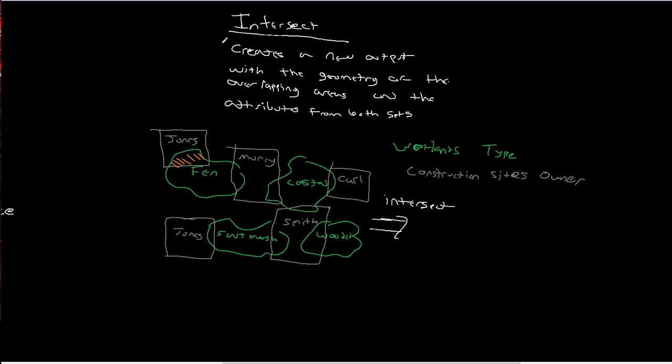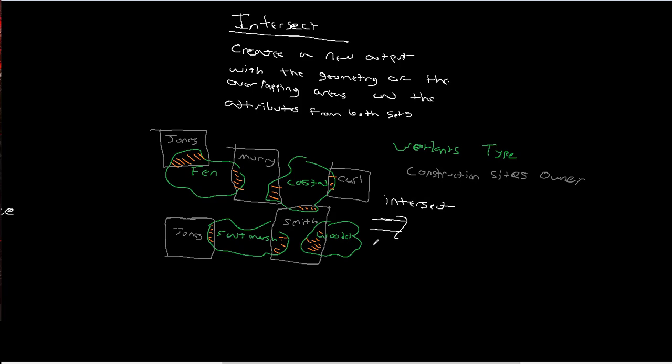So that's going to be these orange areas that I'm highlighting here. There's overlap here, there's overlap here, there's overlap here, here, here, here, and here. Oh, and here as well.